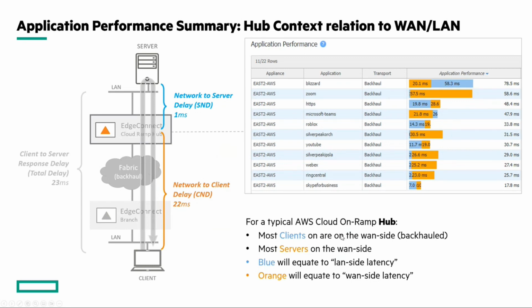Most clients at the hub are on the WAN side. They're on the fabric coming in to the hub, and then in that case, most servers are actually technically also on the WAN side, but can be on the LAN side if you do LAN side drain. So blue will typically equate to the LAN side portion, and orange will typically equate to the fabric or the WAN side.